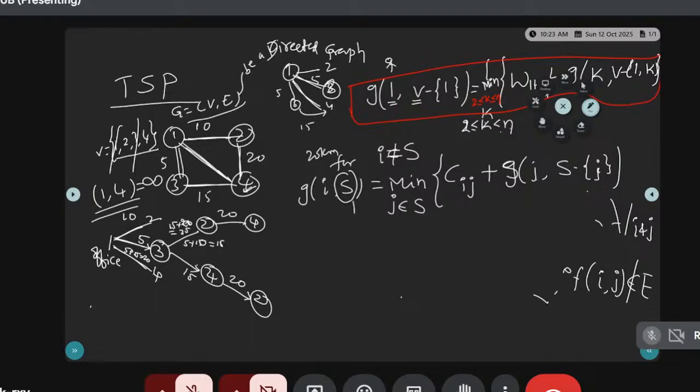I am writing v minus 1 comma k, and both are the same. We are following this equation only, and by using this we will solve our problem.